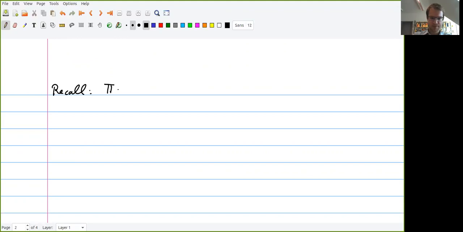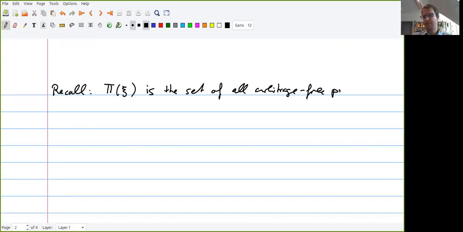So if you have a claim psi, the set pi of psi is the set of all arbitrage-free prices.